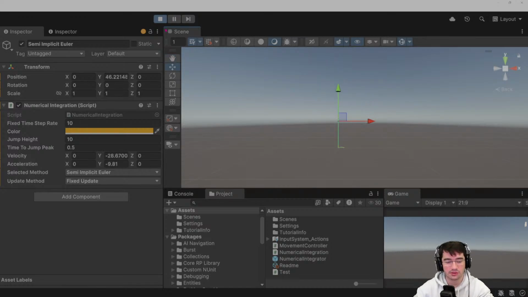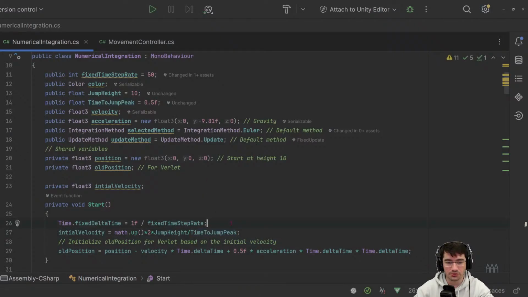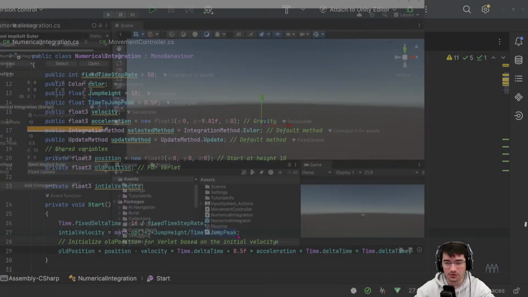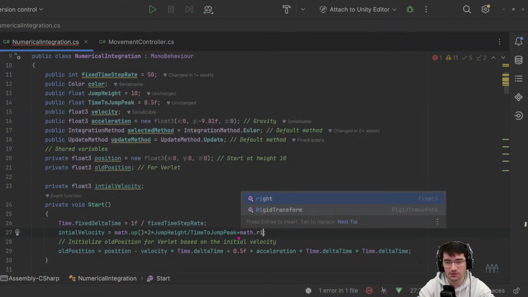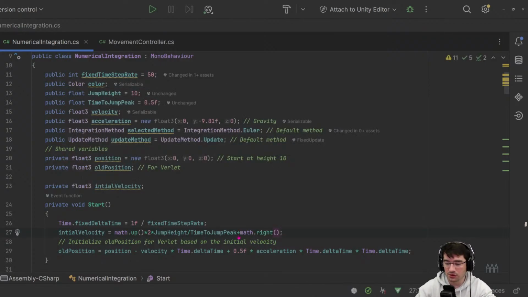And I'm not moving sideways, so I also want to move sideways at the same time so I can see the curve. So what was the direction? X plus Vector3.right. That should give me X times 10.